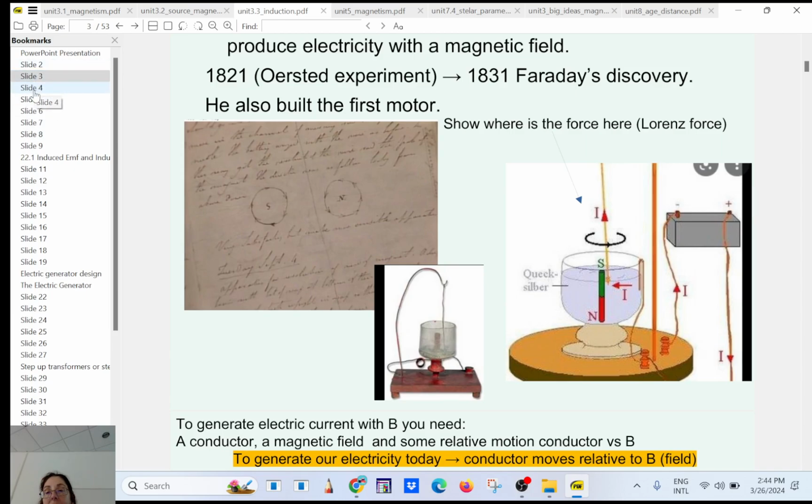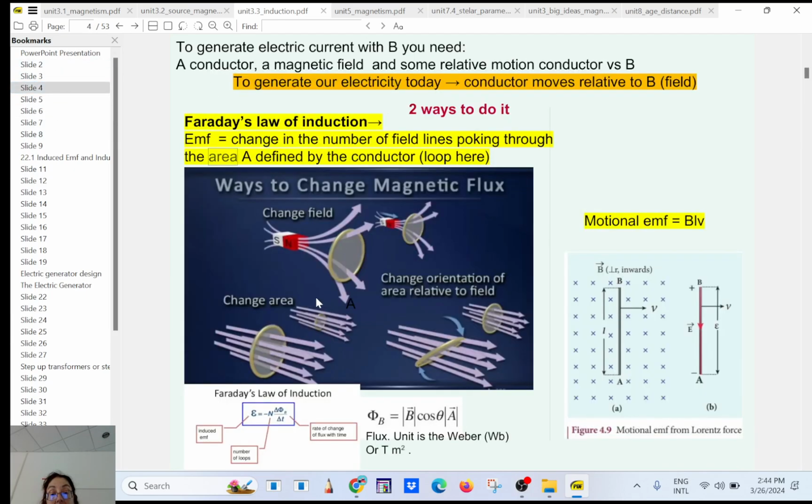Okay, so then 10 years after the experiment done by Oersted, he found how to produce electricity. So here is the principle. You need a magnetic field. Magnetic field, you can get it with a permanent magnet or with an electromagnet.